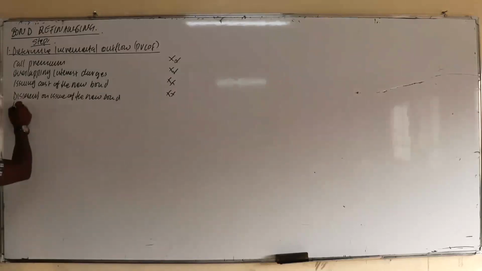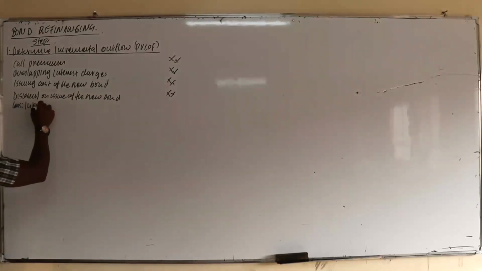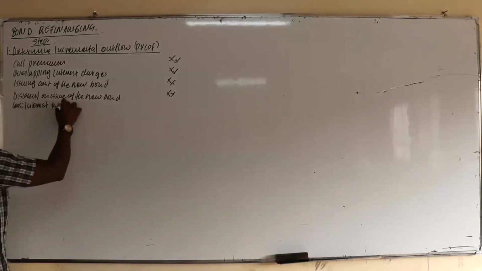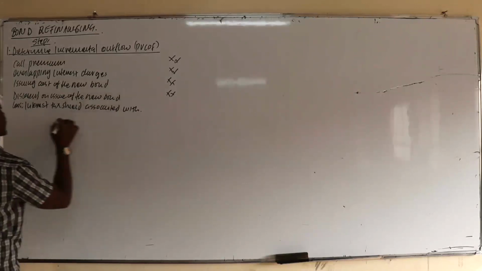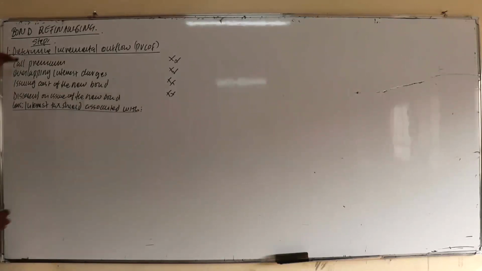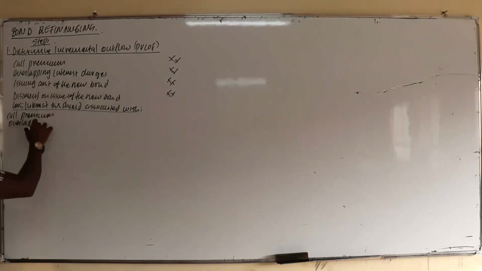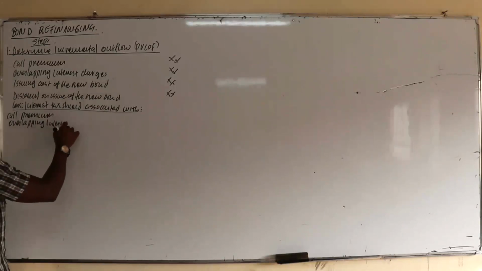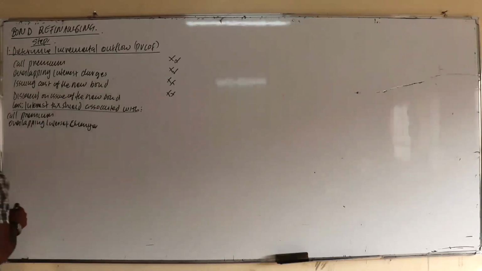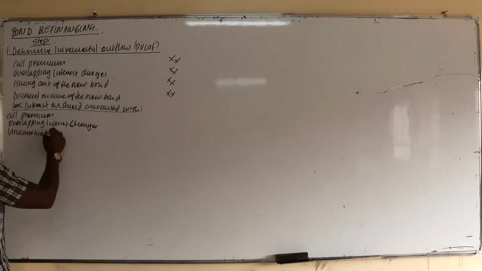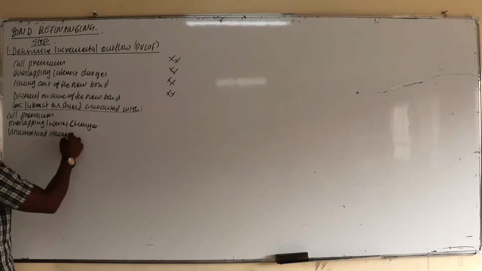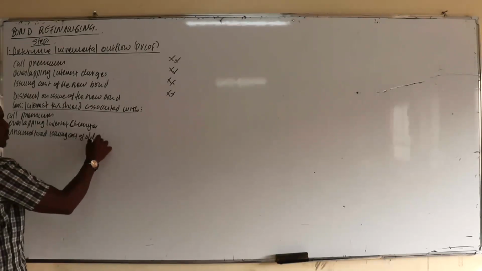Then you raise the interest tax shield associated with these expenses. 1 is the call premium. Also overlapping interest charges. Then you factor in the unamortized issuing cost of the old bond.